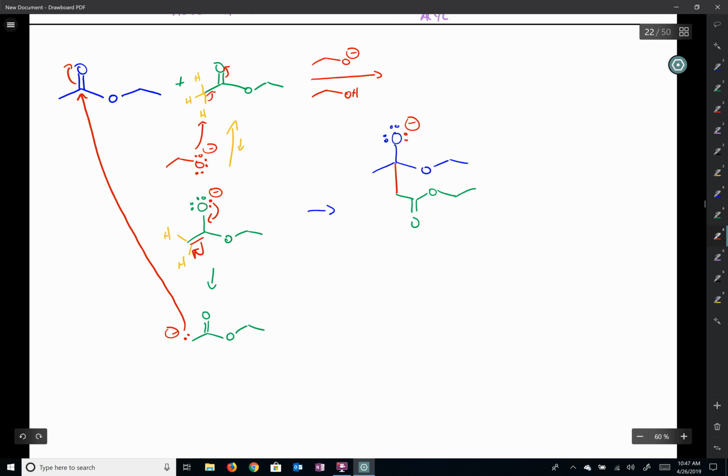We want to reform our carbonyl compound, so we slam down a pi bond, kick off the best leaving group. And so after all this, I'll try and draw it in the same way that it's oriented here, and then I'll come back and clean it up. Let's see how this is going to look. All right, so there's that.